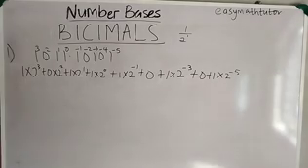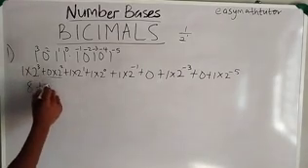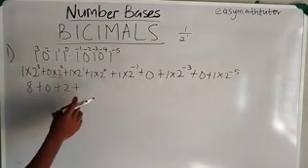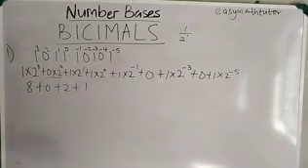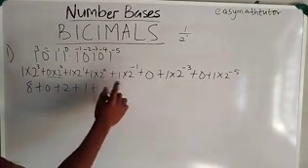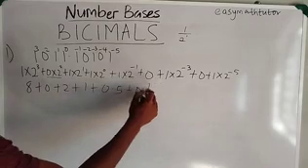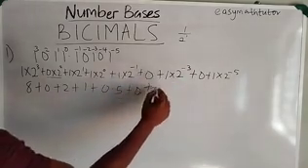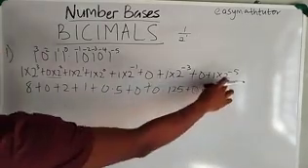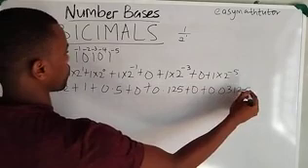Now, what am I going to have here? 2 raised to the power 3 is 8, plus all of this is 0, plus 2 raised to the power 1 is 2 times 1, 2, plus 2 raised to the power 0 is 1 times 1, 1. All right? Now, going into this side, 2 raised to the power -1 is actually 0.5. And then we're going to have plus, this is 0, plus 2 raised to the power -3 is 0.125, plus this is 0, plus 2 raised to the power -5, remember to use your calculator, 0.03125.